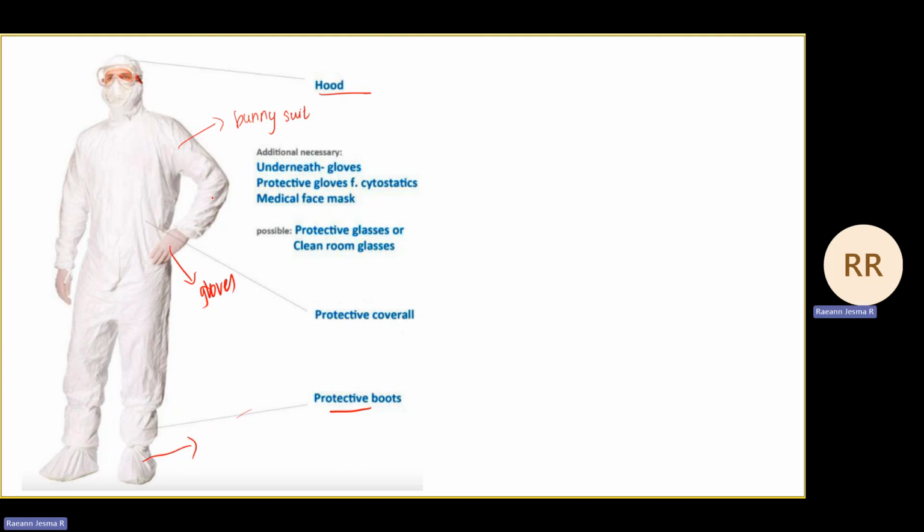Then underneath this bunny suit, he is also wearing protective glasses or clean room glasses, and underneath he'll have some additional gloves, a medical face mask, and a hair cover. So these are all the things that form part of the personal protective equipment.